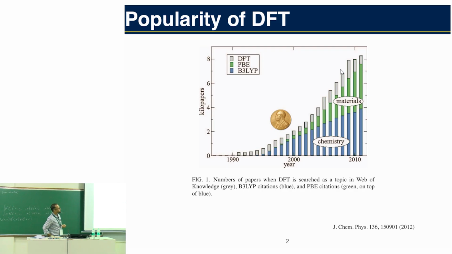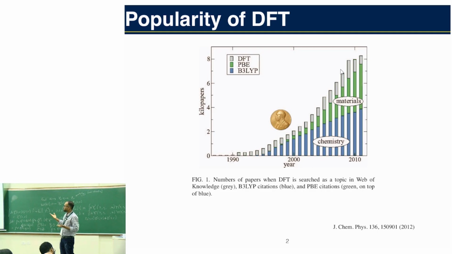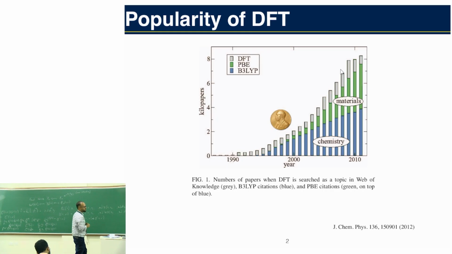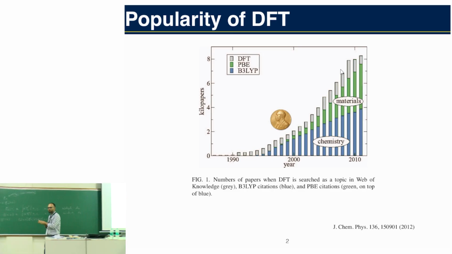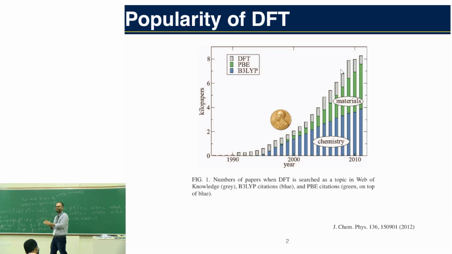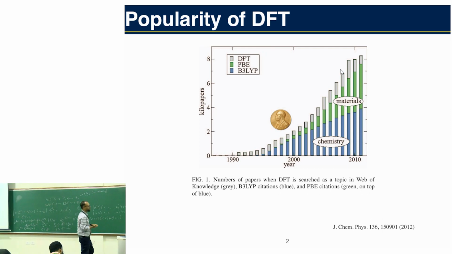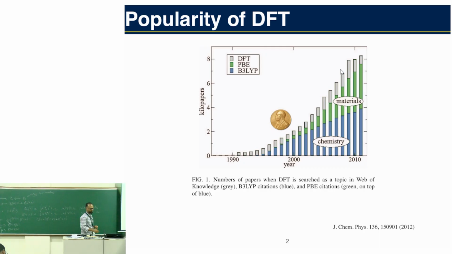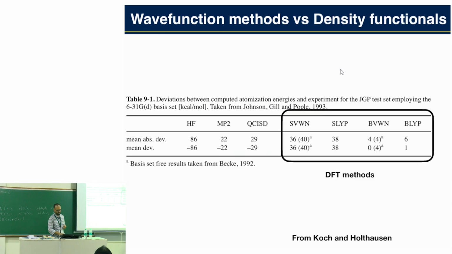And what you also notice is that DFT is not only being used in materials, the use is actually increasing a lot more with time. And what do you use DFT for? Not just computing energies, that would be actually quite boring. You can also compute molecular properties. So this popularity is due to both aspects. Now, how do we compute properties? That is what I will come to here.